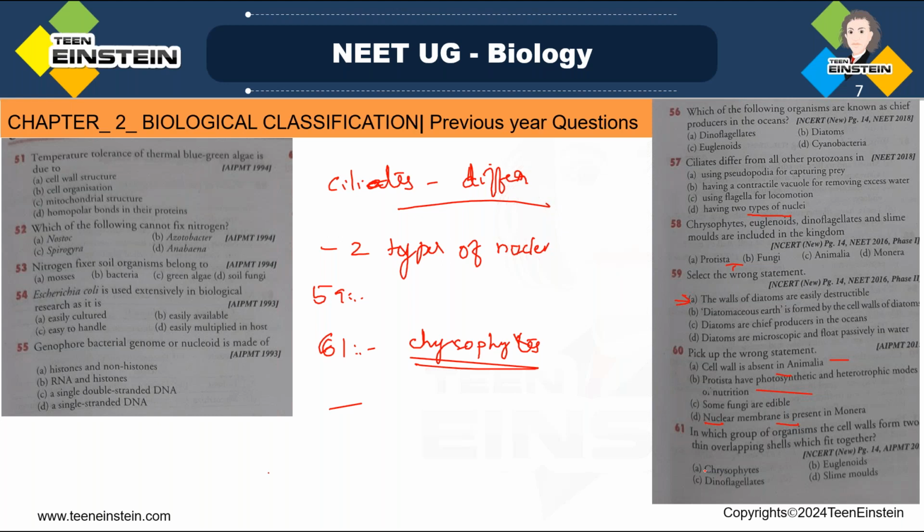So one more class we need to discuss about these questions to complete the questions from this chapter. In the next class, we'll solve a few more questions about kingdom Protista, then kingdom Fungi, then we'll discuss virus and viroids. In virus and viroids, mostly you will get direct questions.